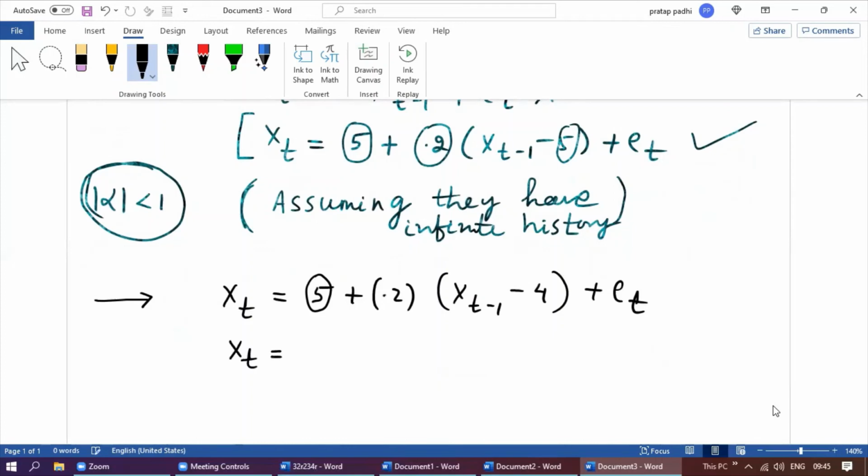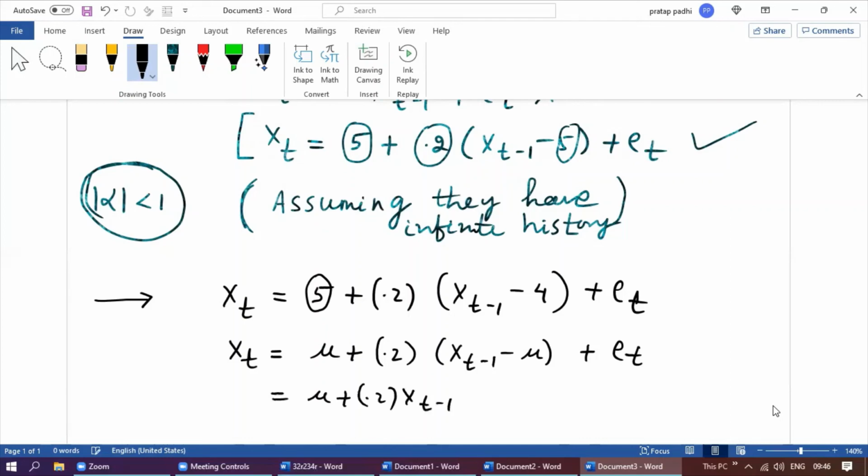What we'll do is I will write forcibly xt minus 1 minus mu plus et, then it will be mu plus 0.2 xt minus 1 minus 0.2 mu plus et.